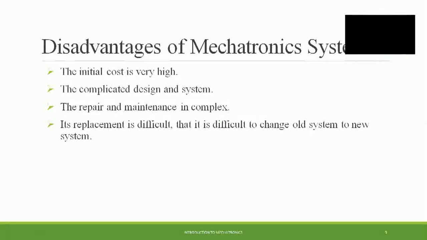Operating cost will be very low when compared to the three different places, since the task will be completed at a single place. But here the initial cost will be very high, and the design and system are complicated. Here we are calling skillful worker, in the sense that the working actions are fully known by that particular worker.